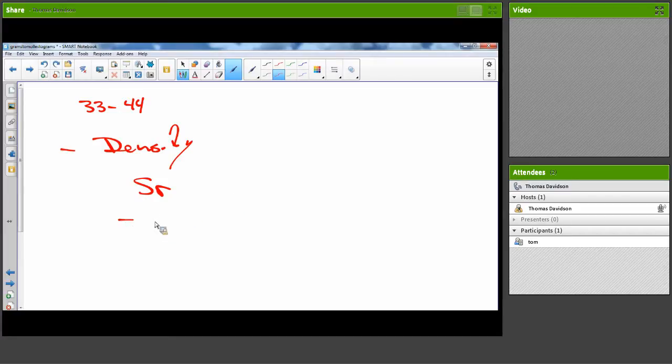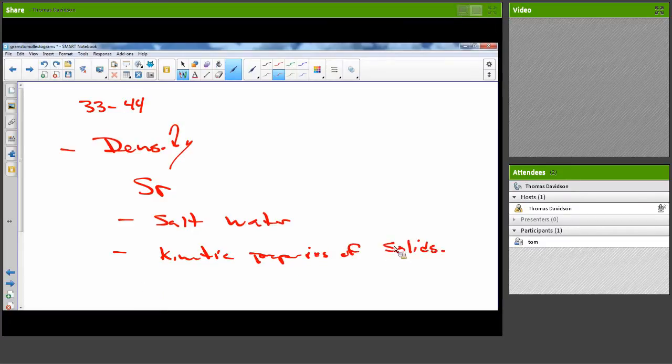Then it asks about salt, water. That one's not too bad. And then it asks about the kinetic properties of solids. So remember, they're tightly packed, they're cold, there's not a lot of space, they have a high density, stuff like that. So that is your review. Use this video and use the review activity on the web page, and you should be good to go.